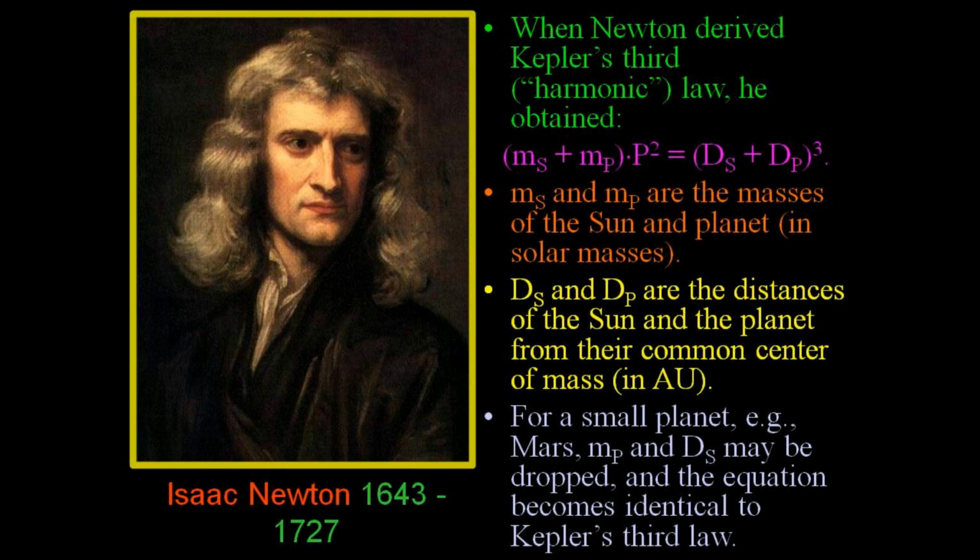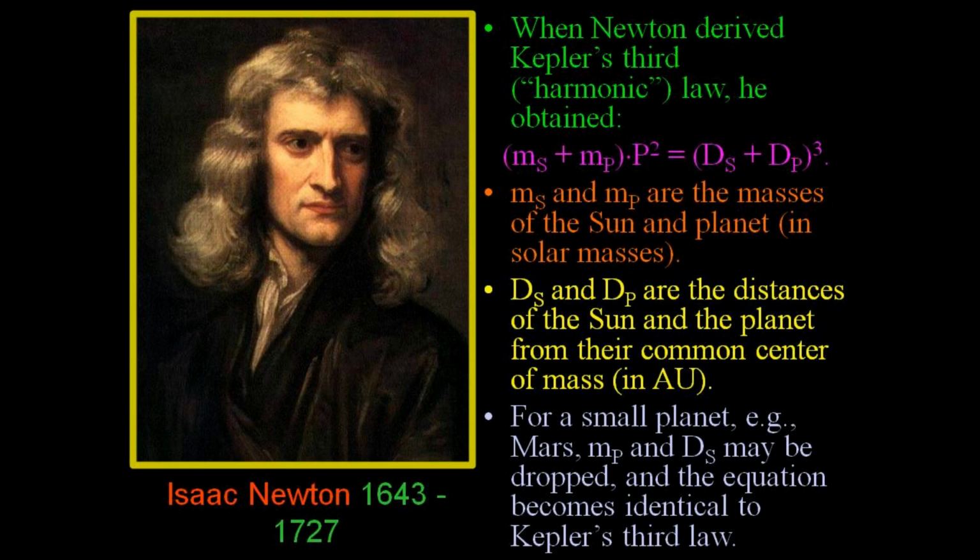It's still inside the sun, but the sun kind of ooches back and forth just a little bit as the Earth swings around it. The distance of the sun from that point, which Newton realized had to be in the equation, is that. Here's the thing we mainly think of, the distance of the planet from the barycenter, which is almost the same as the distance of the planet from the sun, since the barycenter is still inside the sun.